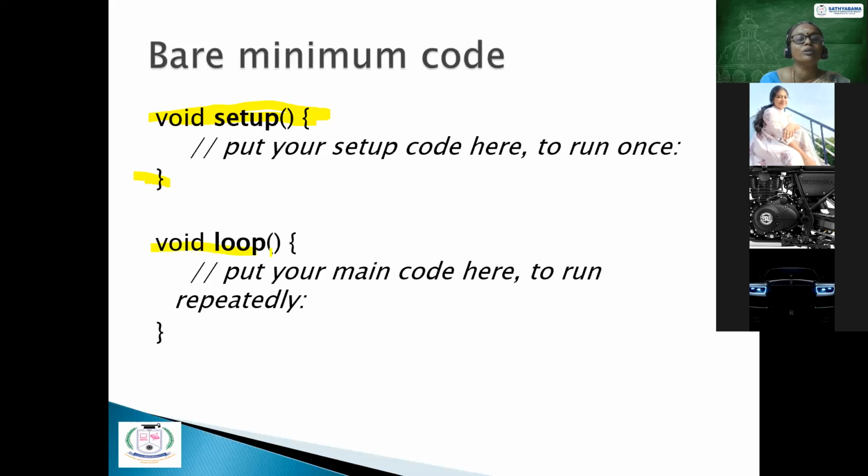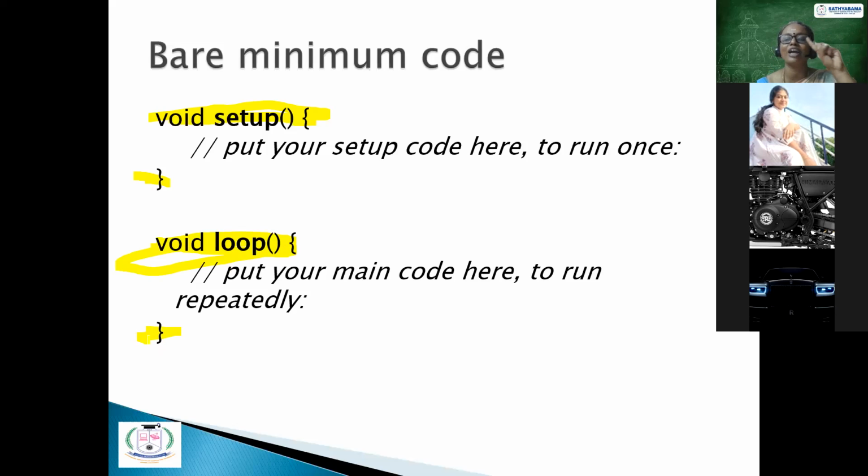Then void loop. If you want to run the code repeatedly, that will be done by void loop. For example, the LED initialization will be done in void setup, and if I want my LED to glow on and off, all that on-off control will be given in loop. So please kindly note down this minimum code.